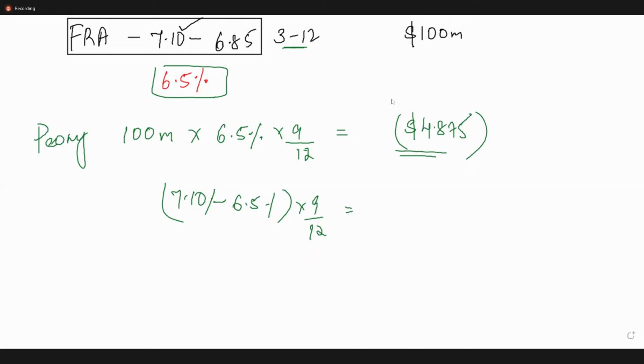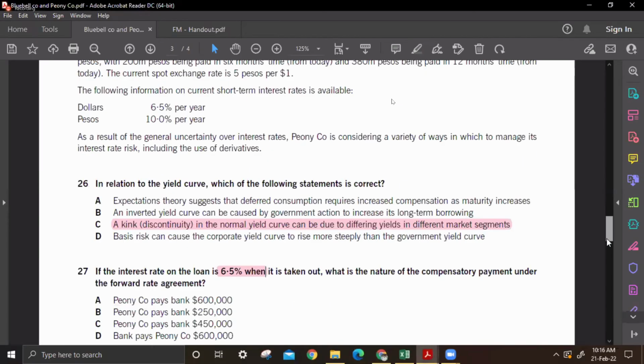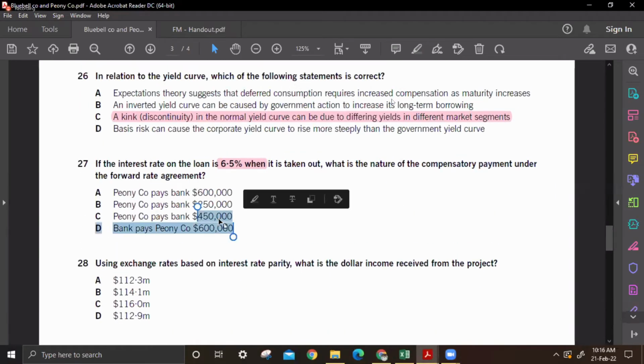Very good, Farhan. Correct. So 0.45 means how much? 4,50,000? Yes or no? So which one is the right answer? C is the right answer.